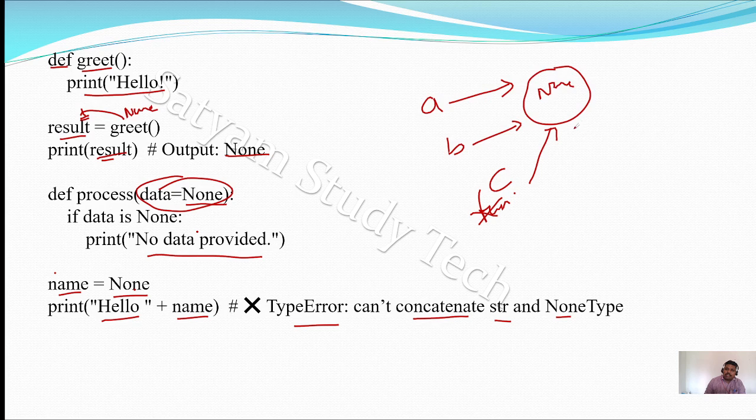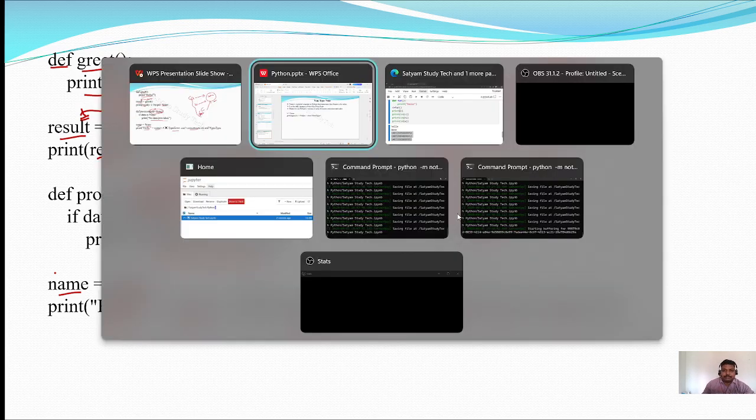So it has some address. Only one None object is created in Python. If you take any number of variables or functions, you have only one None object. That's why it prints like that.